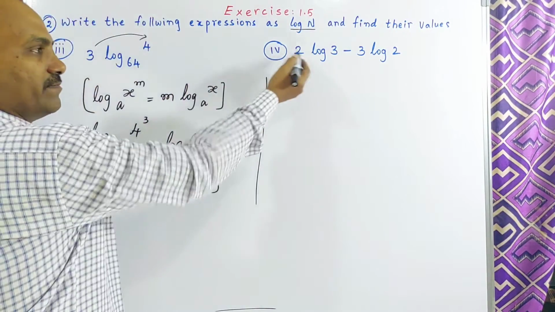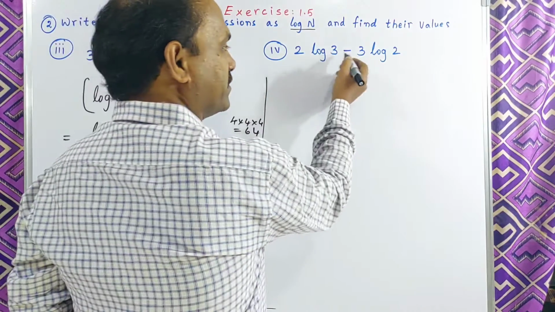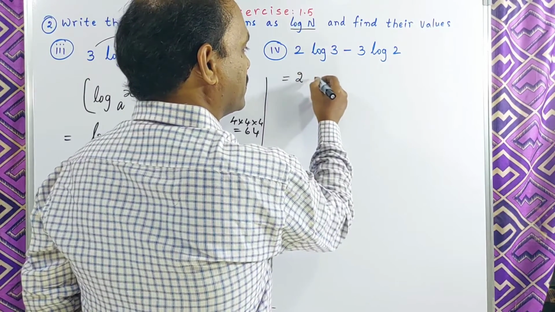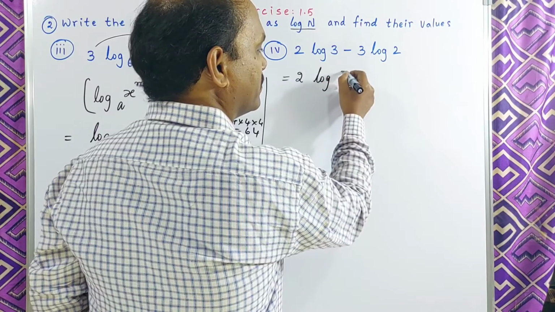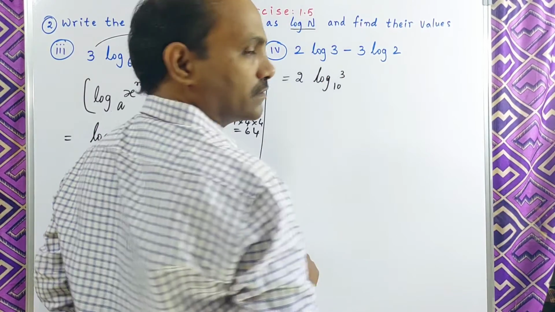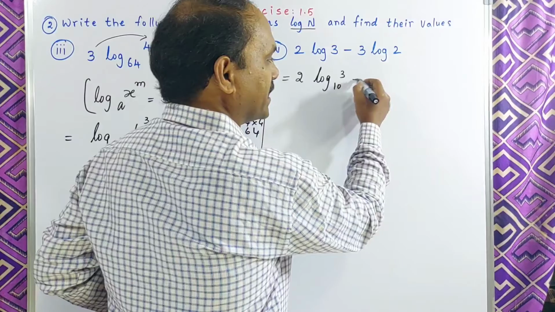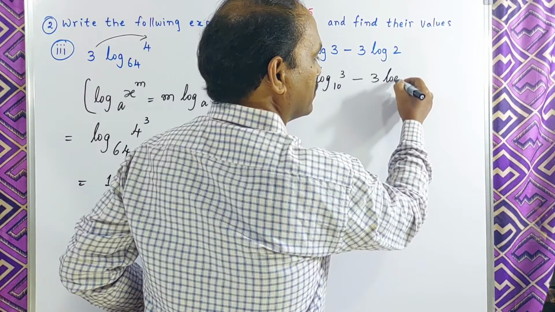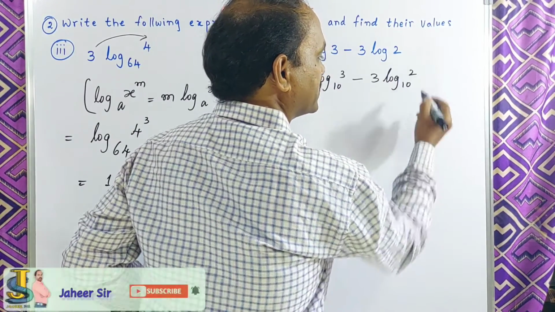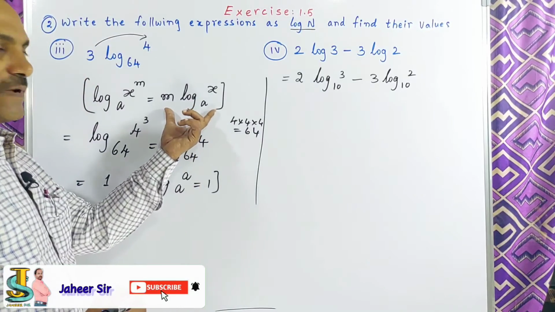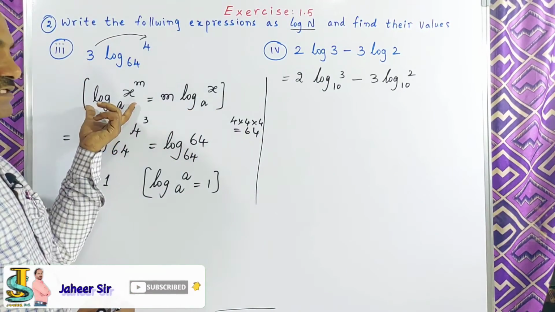This one is also the same like this only. Here nothing means base, you should write base 10. Okay, now minus 3 log 2 to the base 10. Again this expanded form. So you should write this one.